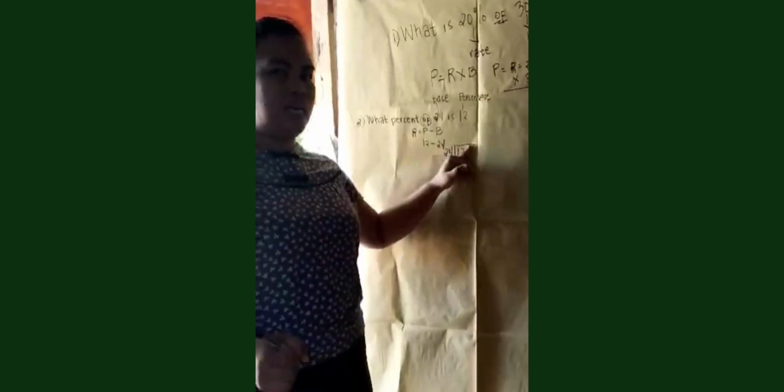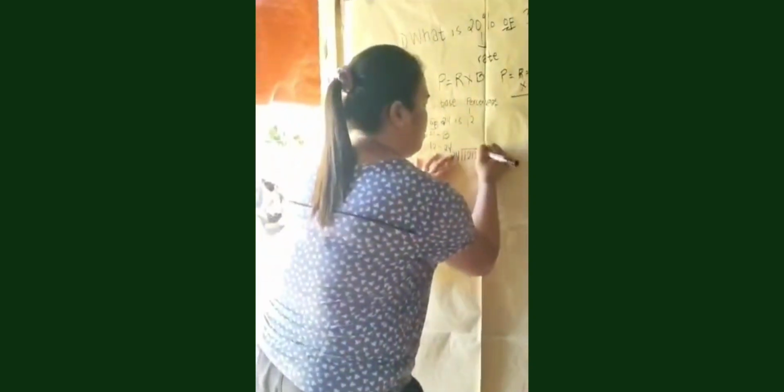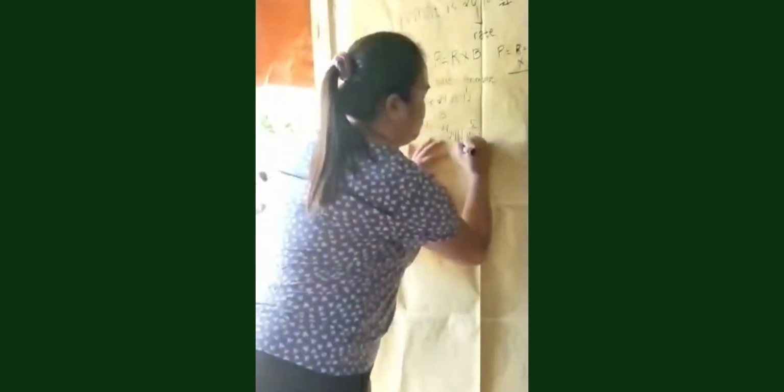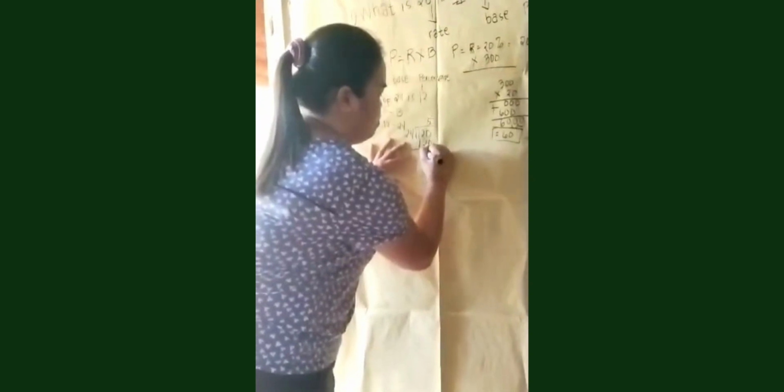So, pwede na siya, kay dako naman ang 120 sa 24, pwede na ma-divide ang 120 divided by 24. So, what is the answer? 120 divided by 24 is 5. 5 times 24 is 120. So, of course, the answer is 5.